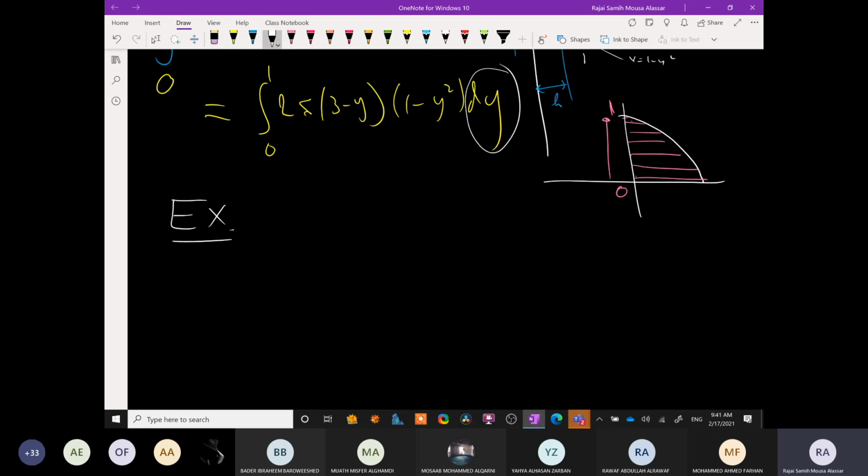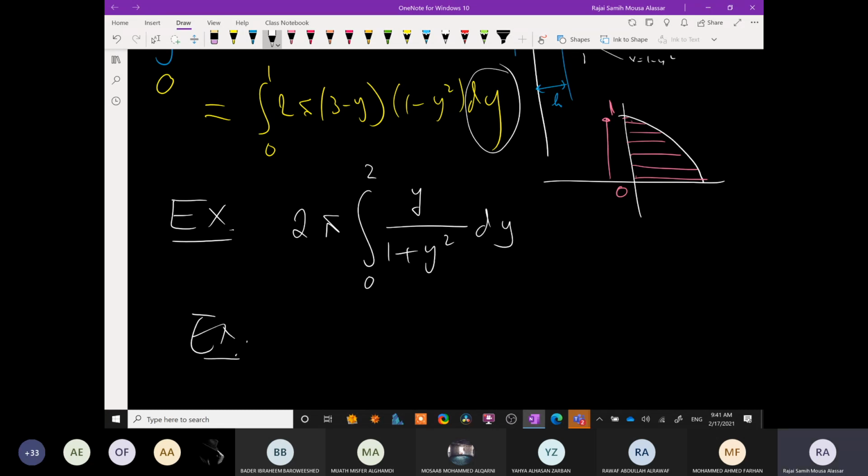Okay, so one more. Again, describe the solid. I would like you to do these two for homework: the integral from 0 to 2 of y over 1 plus y squared dy, and also the integral from 0 to pi over 4 of 2 pi times (pi minus x) times (cosine x minus sine x).